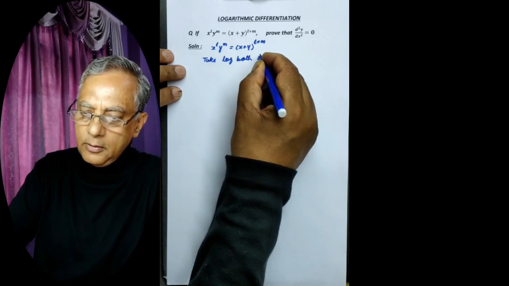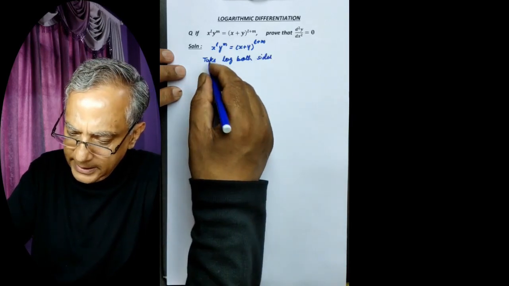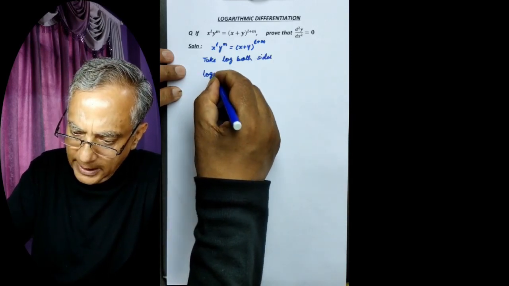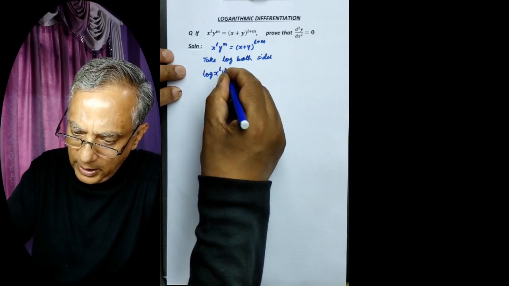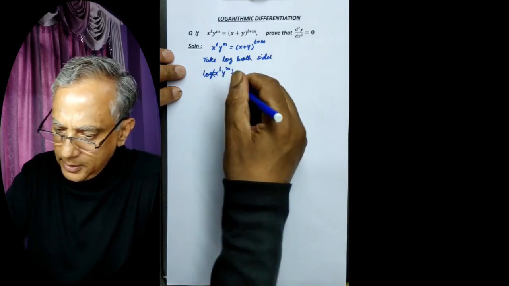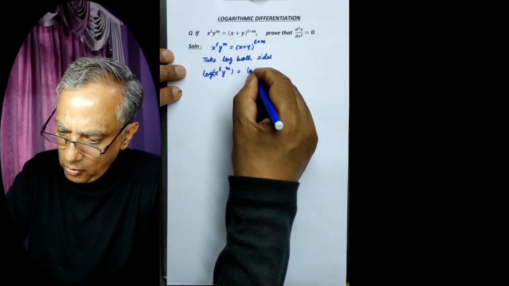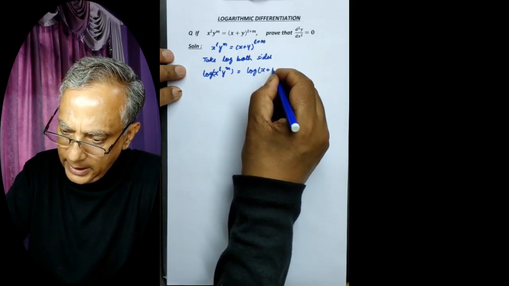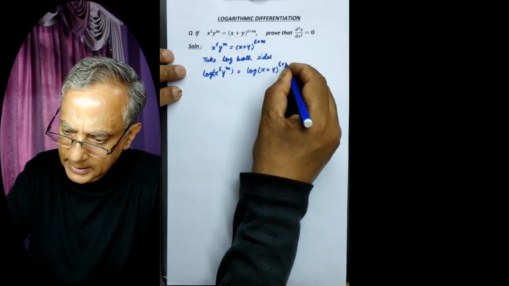Take log both sides. What we get is log of x to the power of L y to the power of m is equal to log of x plus y to the power of L plus m.